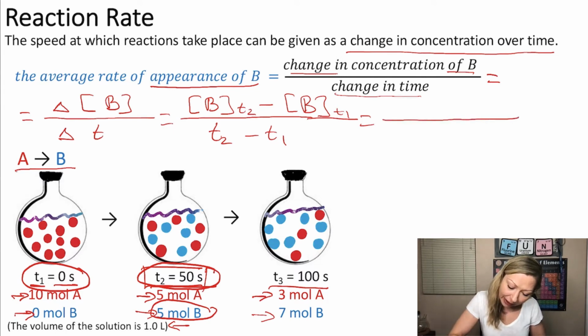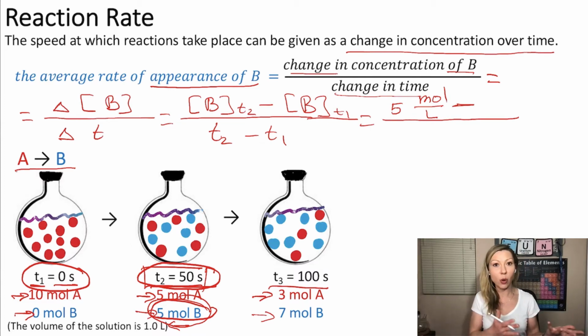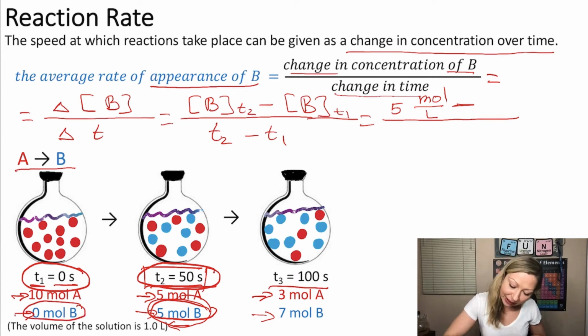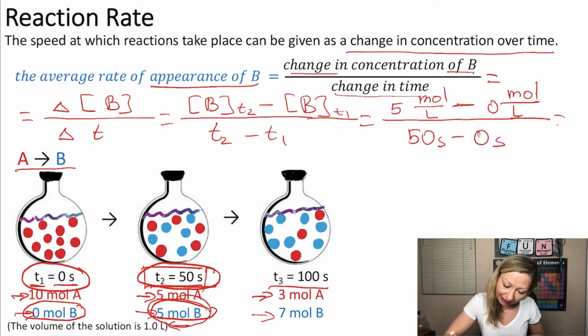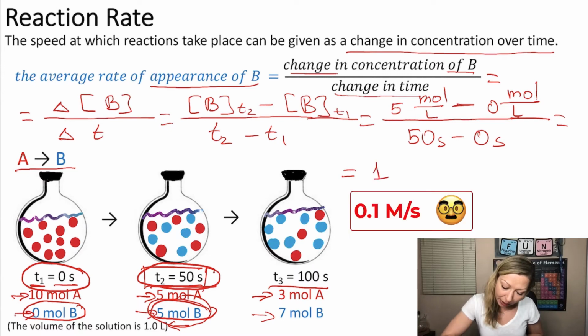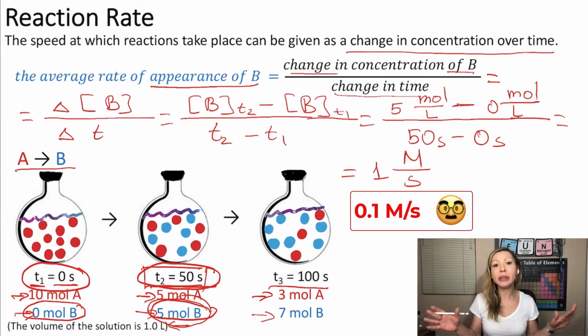You can simply plug that in: 5 mole per liter, minus the concentration of B at T1, 0 seconds, which is 0 moles per liter, over the time: T2 is 50 seconds minus 0 seconds. If I do this calculation, I'm going to get 0.1 molarity per second, moles per liter over seconds. I hope this makes sense.